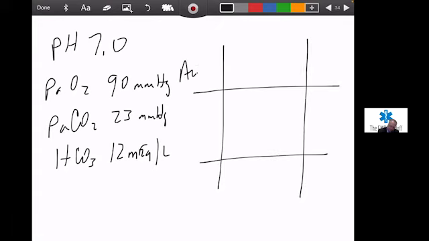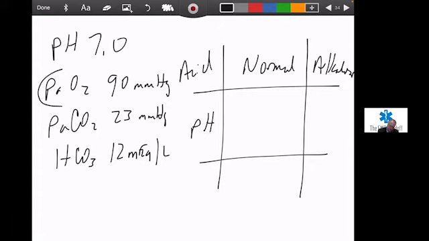So here we have acid. Here we have normal. Here we have alkalosis. So the pH is 7.0, that pH is acid, definitely acid. The PaO2, I'm not worried about that right now, so let's circle that just to keep it on the side. PaCO2 of 23, so that tells me that he's blowing it off. That's alkalosis because those numbers are switched. HCO3 of 12.